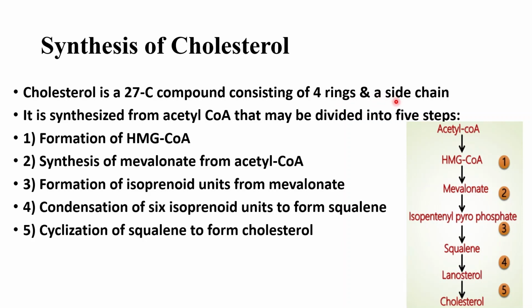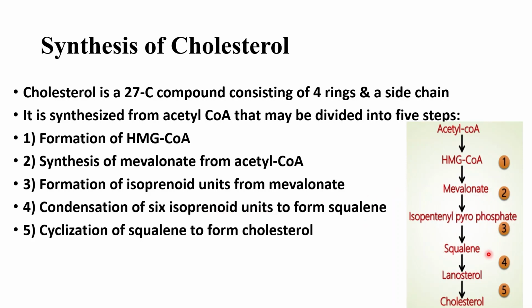Cholesterol synthesized from acetyl-CoA may be divided into 5 steps. First is the formation of HMG-CoA, then mevalonate, squalene, lanosterol, and then cholesterol. These are the 5 main steps of cholesterol synthesis which you need to remember.